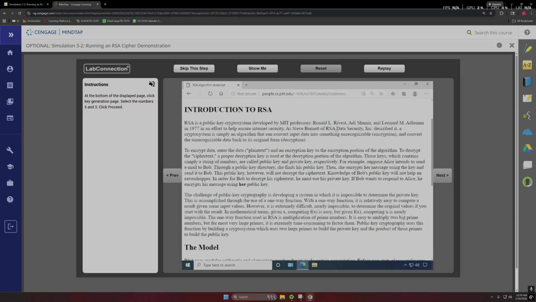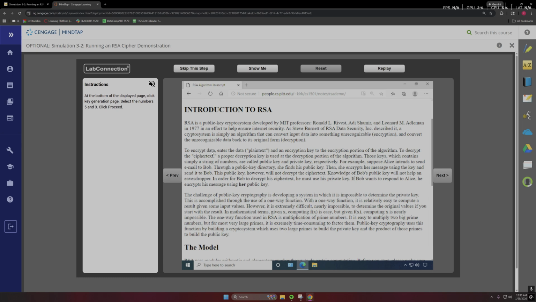Steve Burnett of RSA Data Security Incorporation described it as a crypto system that is simply an algorithm that can convert input data into something unrecognizable, which is encryption, and convert the unrecognizable data back to its original form, which is the decryption.